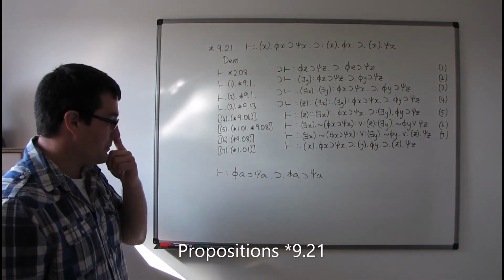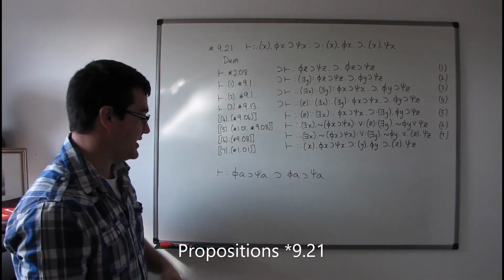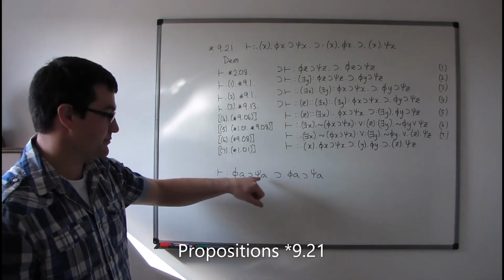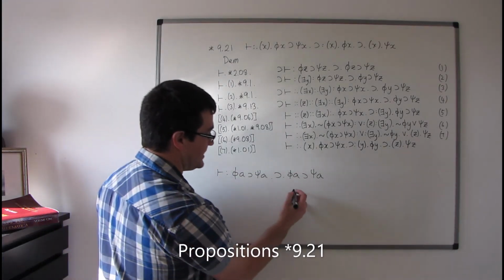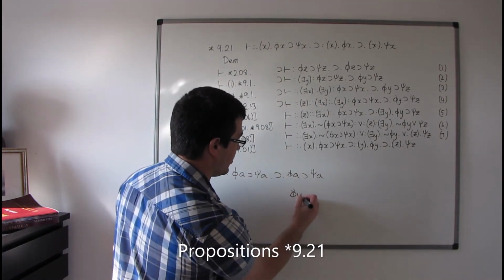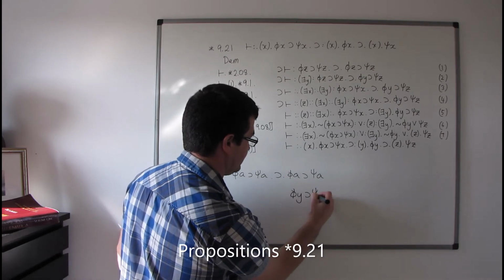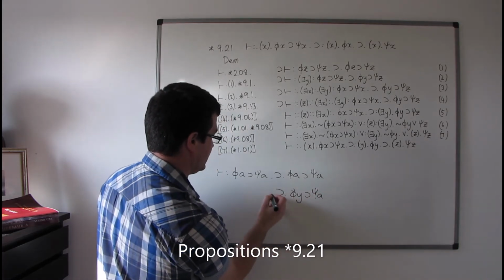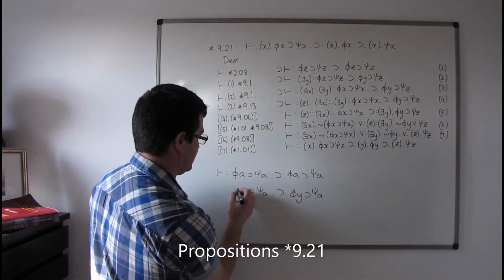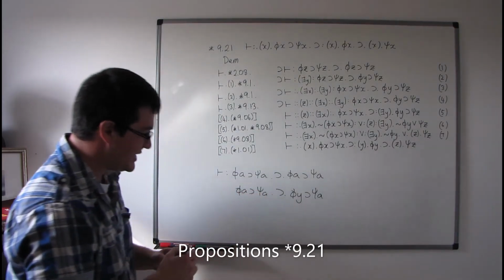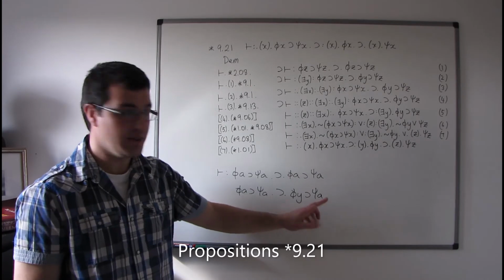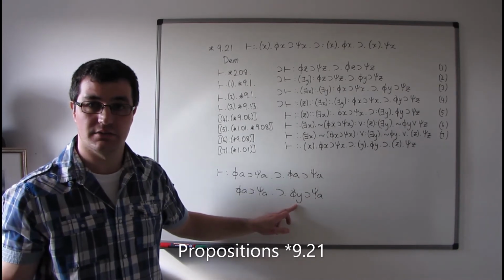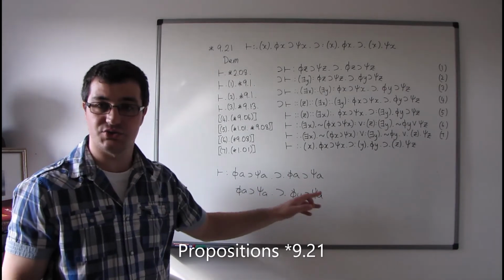Okay, so what I can do then is I can say, well, if phi a implies psi a implies phi a implies psi a, then that means that if I just change that to a y, psi a, then there must be a value of y which makes this true. And there is. Y equals a. Y equals a makes this proposition true.